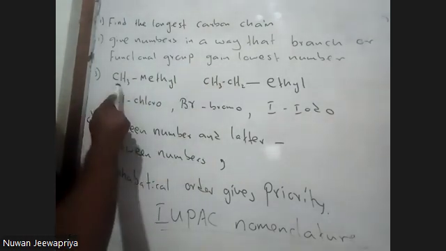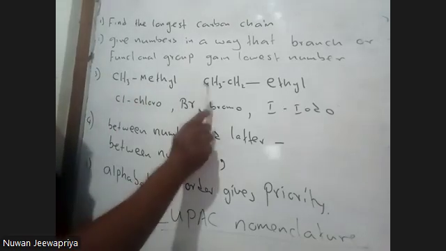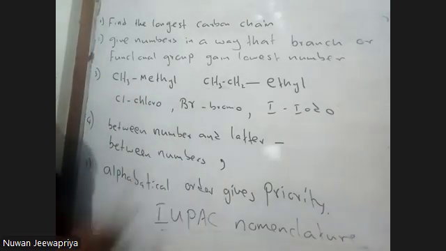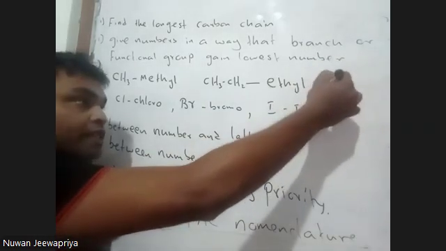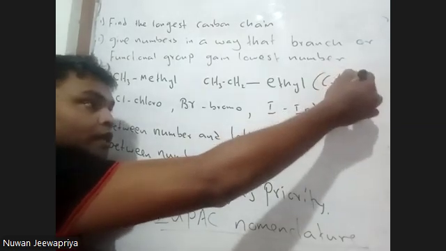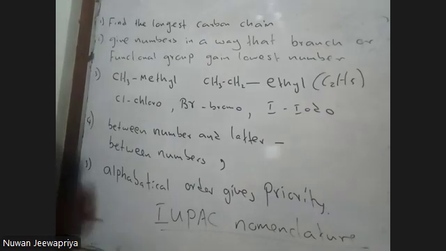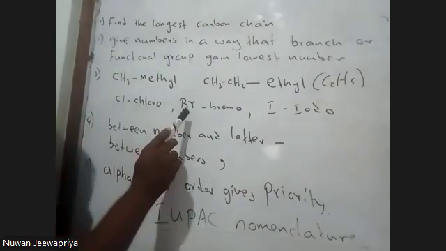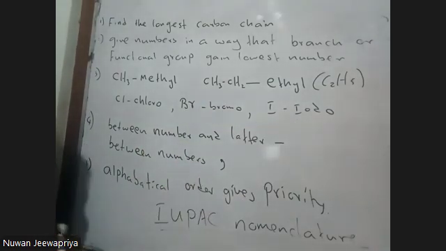Third, if you see a CH3 group, it is named methyl. If you see a CH3CH2 group, it is known as ethyl, which is also written as C2H5 group.